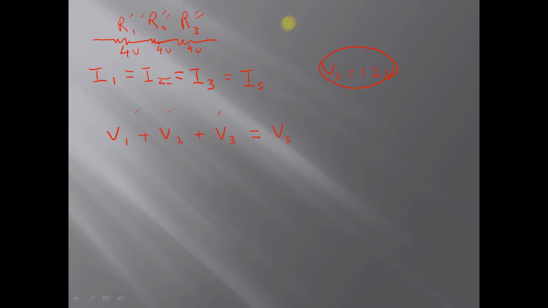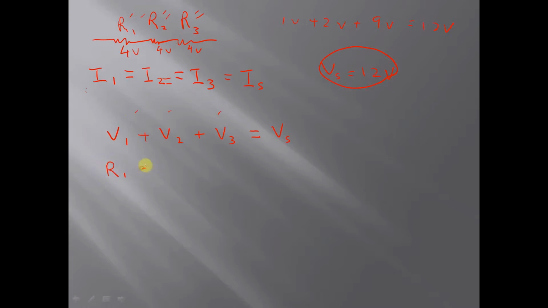Boleh juga katakan R1 dapat 1 volt, R2 dapat 2 volt, R3 akan dapat 9 pada keadaan itu. Yang penting dicampurkan dia mesti sama dengan 12. Itu maksudnya. Okay. And next one of course is the resistance.